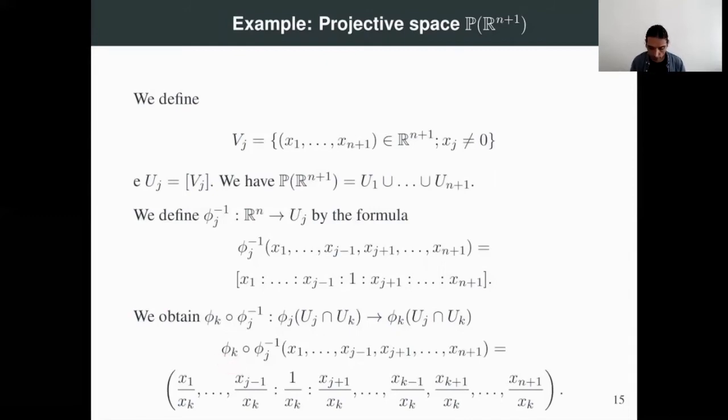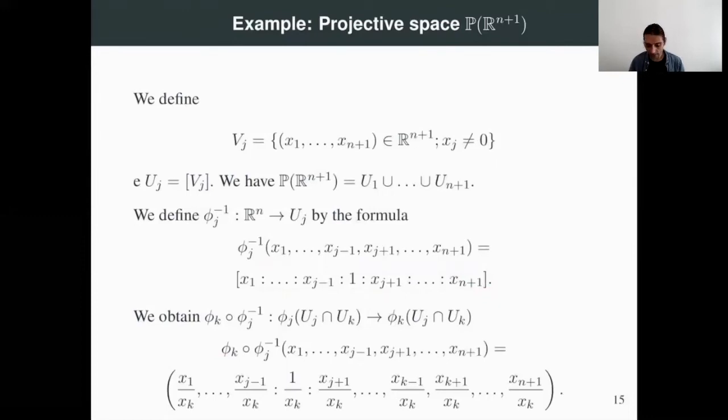What we see is that we first send this vector to this class in the real projective space. And then we have to compose with phi sub k.